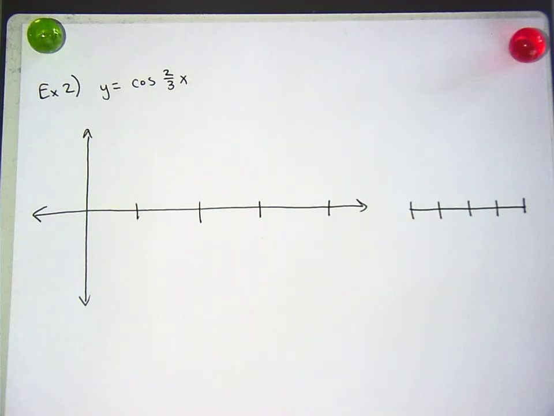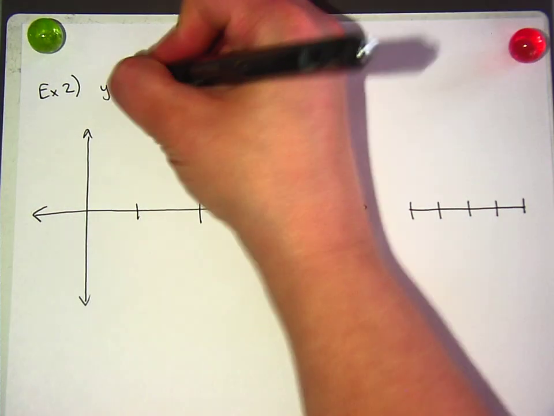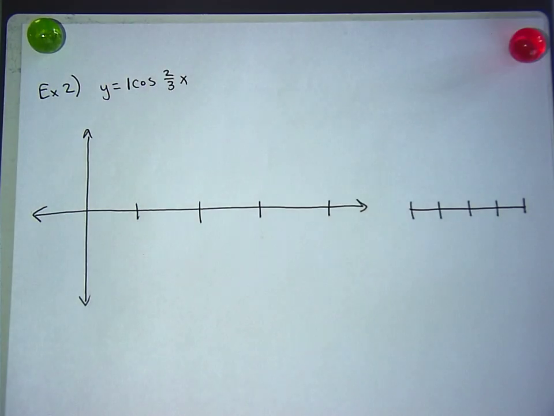How do I figure out the amplitude? You look at the number in front. Right, okay, so it's going to go up to 1, down to -1.